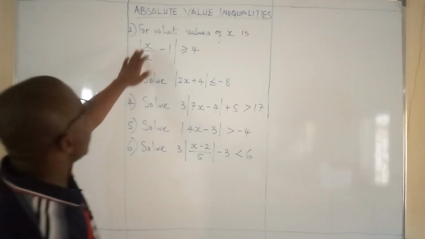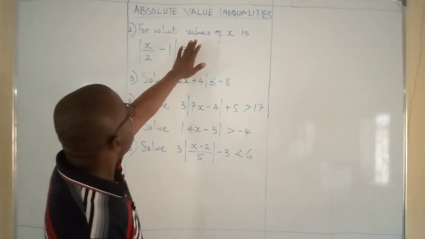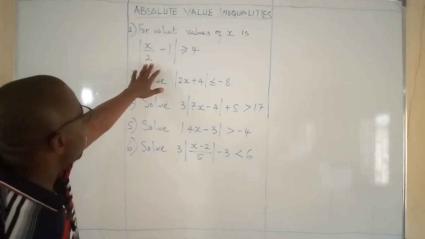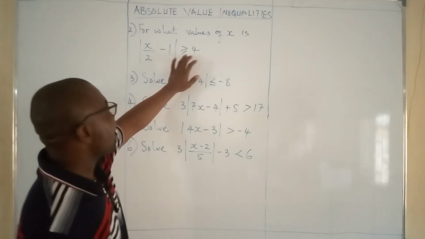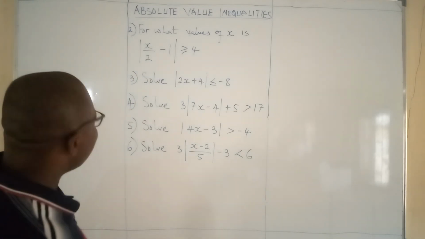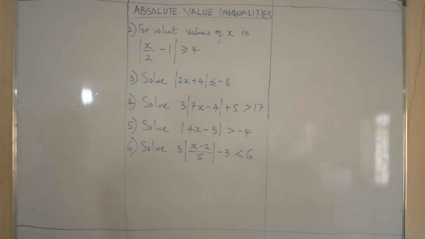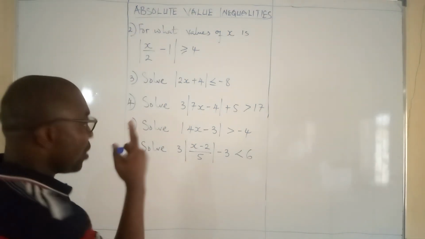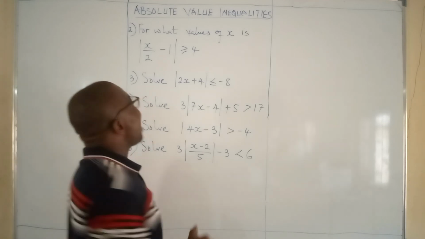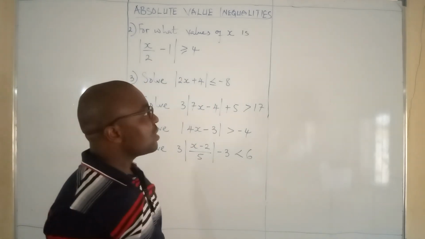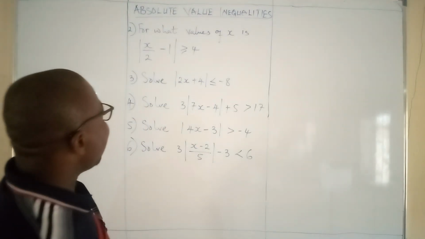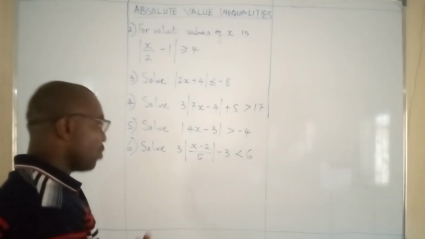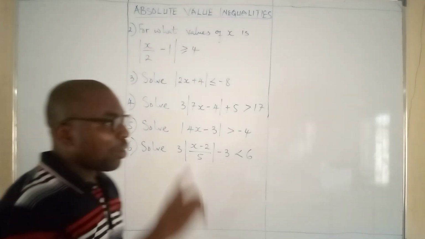Okay, so in number 2, we are having: solve for what values of x is the absolute value of this greater than or equal to 4. Remember, in absolute value inequalities part 1, I made a statement that if it contains greater than or equal to, you will use the word or.